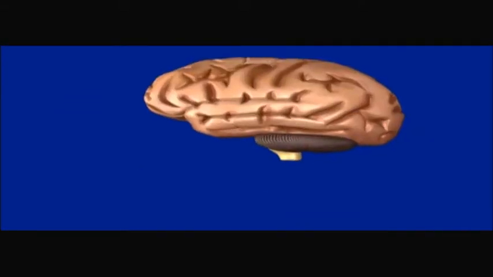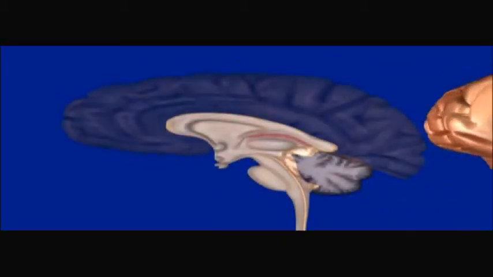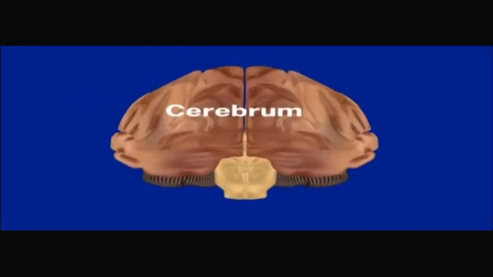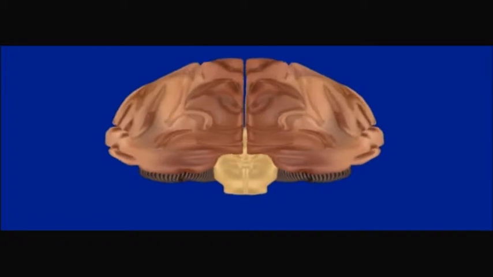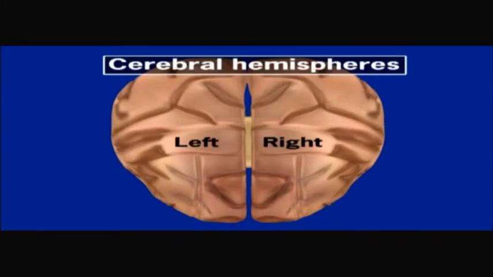Forebrain. It is the largest anterior portion of the brain, known as cerebrum, and has two cerebral hemispheres, the right and the left hemispheres. These right and left hemispheres are separated by a median groove or fissure. These two hemispheres are connected by a bundle of axons.